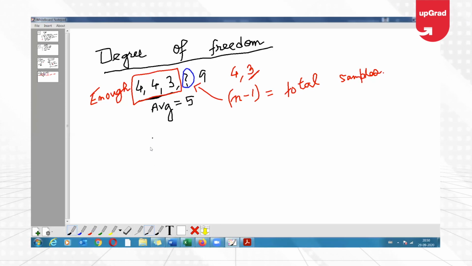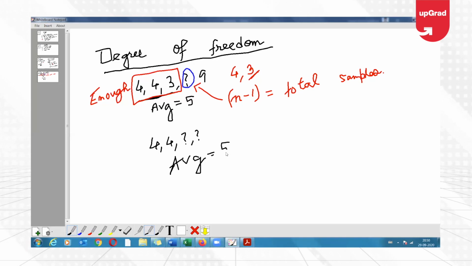Let's take a scenario. Suppose I have 4 numbers: 4, 4, question mark, question mark, and I tell you that the average is 5. Suppose these are numbers 1, 2, 3, 4.